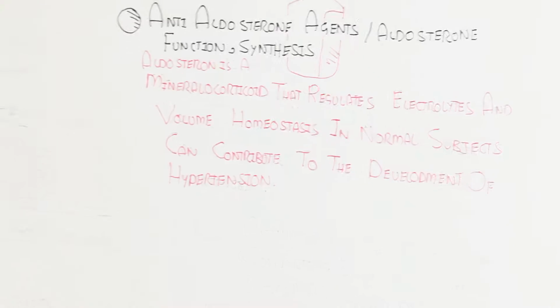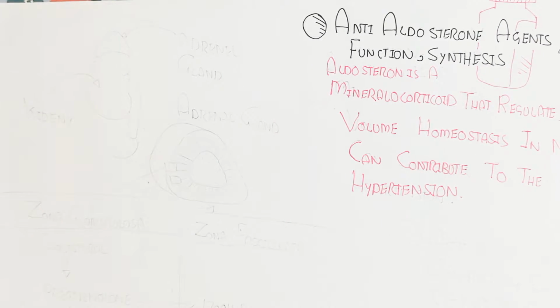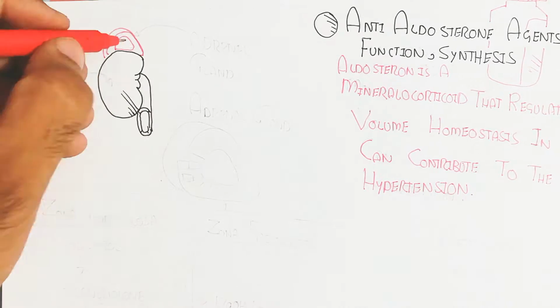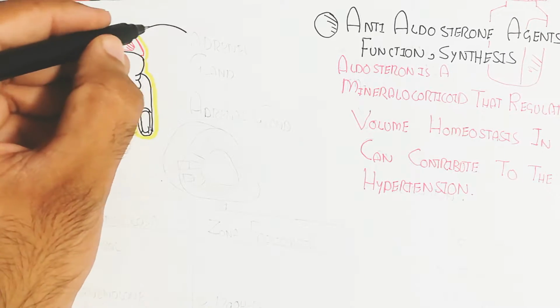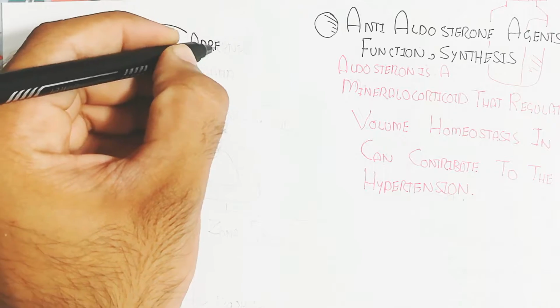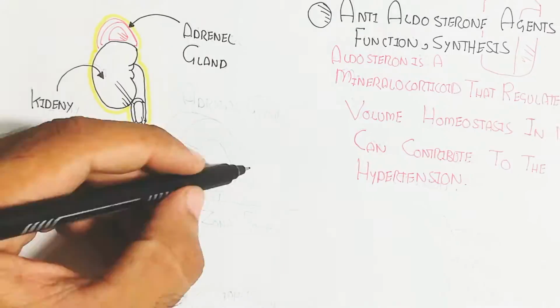So let's begin to understand the function and structure of aldosterone production as well as cortisol production. Here is the adrenal gland, which is stimulated.